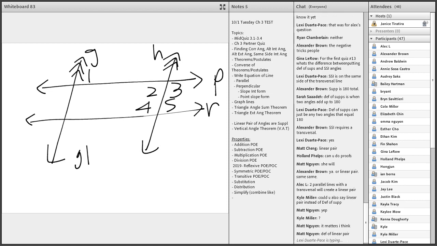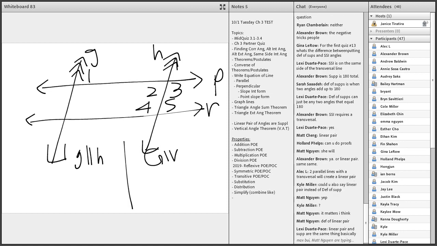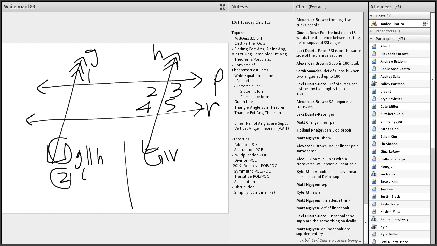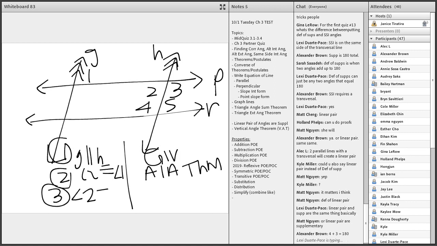So all we know is G and H are parallel. That's given. Here's number 1. And number 2, angle 2 is claiming to be congruent to angle 1 by alternate interior angle theorem. And number 3, we're going to claim 2 and 5 are congruent, AIA theorem.